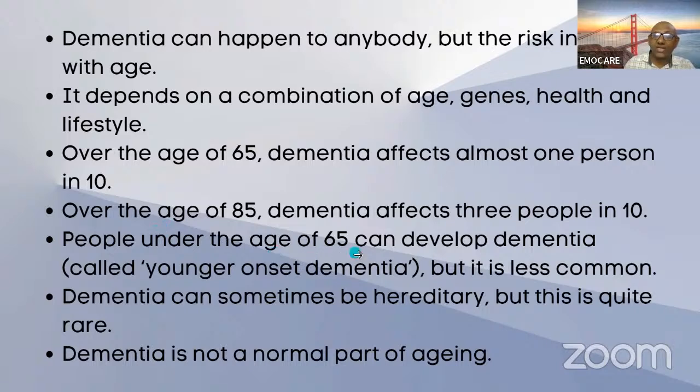People under the age of 65 can develop dementia, called younger onset dementia, but it is less common. Dementia can sometimes be hereditary, but this is quite rare. Dementia is not a normal part of aging. In the normal part of aging also people will forget, but here it will be more severe.